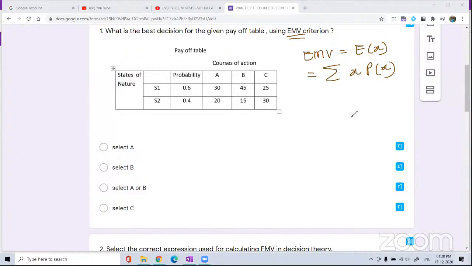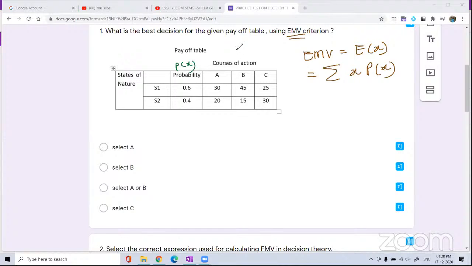I'm explaining this part; what you actually have to do I will tell you later. Because you are using this formula, your probability is here, and what is the x value?